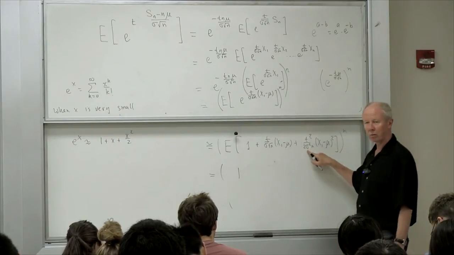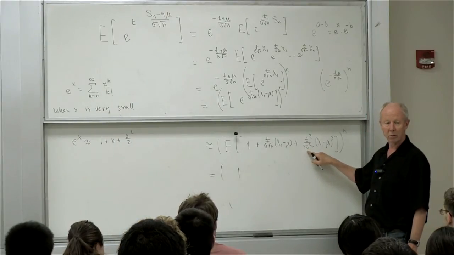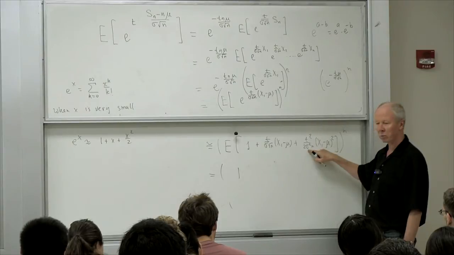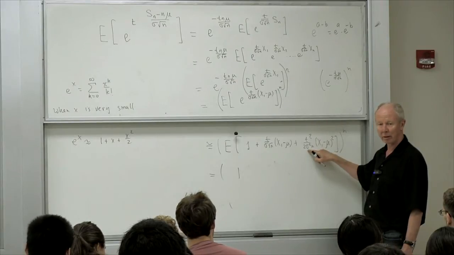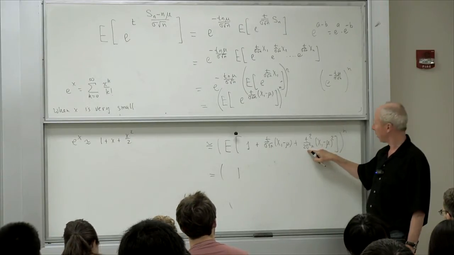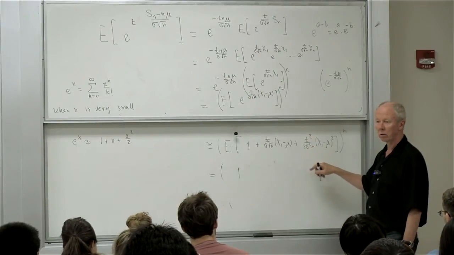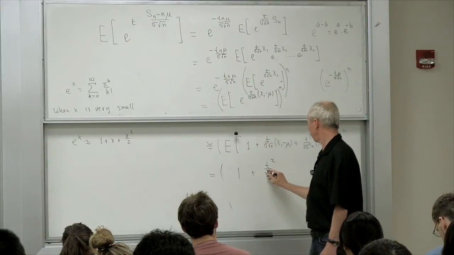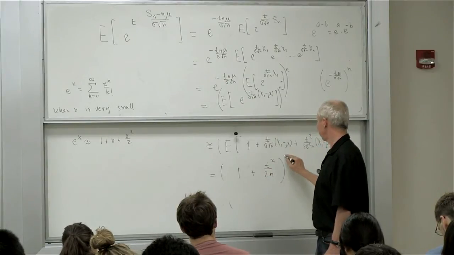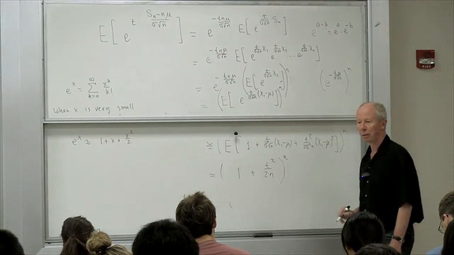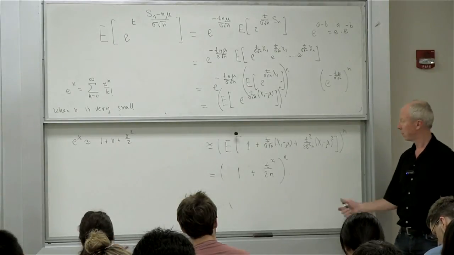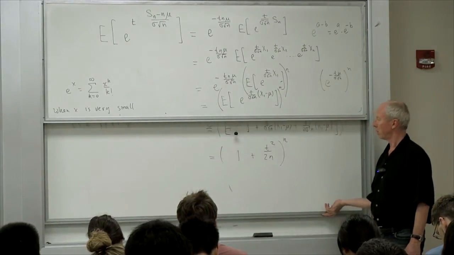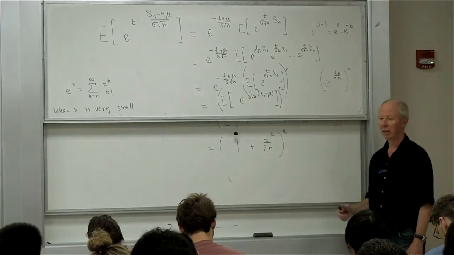And here's the variance of x1 down here. So when I take the expected value of this, it cancels with the sigma squared in the denominator, leaving t squared over 2n. And all this is raised to the power n. Okay, so in the limit, these two are the same.